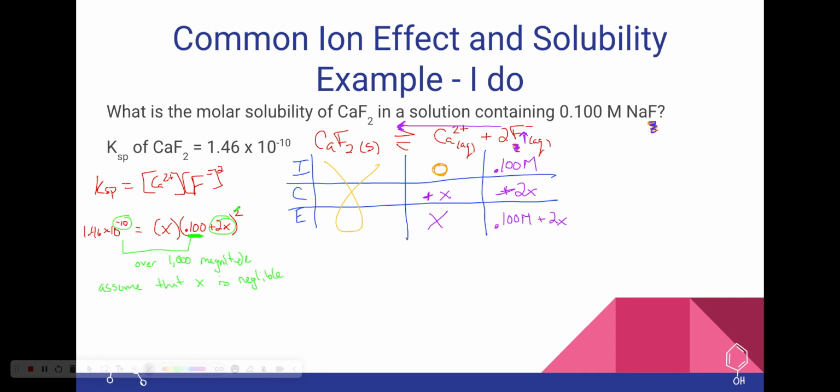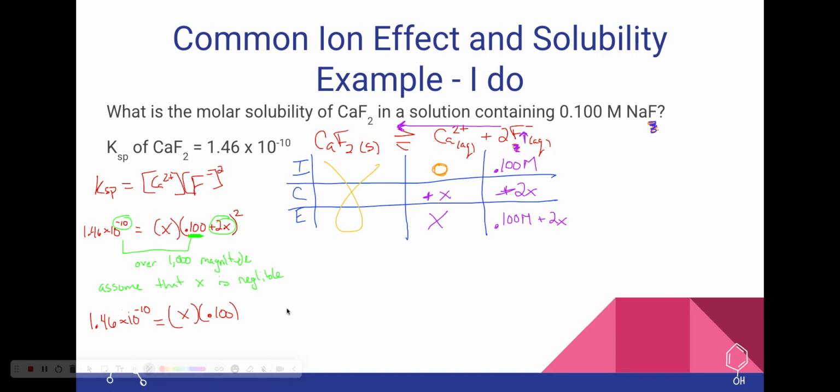Now, the reason for this, guys, is because if I add x here, what essentially I'm saying is when you round this to the appropriate number of sig figs, so when you go back to round to 3 sig figs, anything that had to do with a value that's over 1,000 in magnitude greater, when I add them up based off sig figs, they'll be cut off anyway. So that means that x then is negligible, okay? So once we make this assumption, our expression simplifies to this.